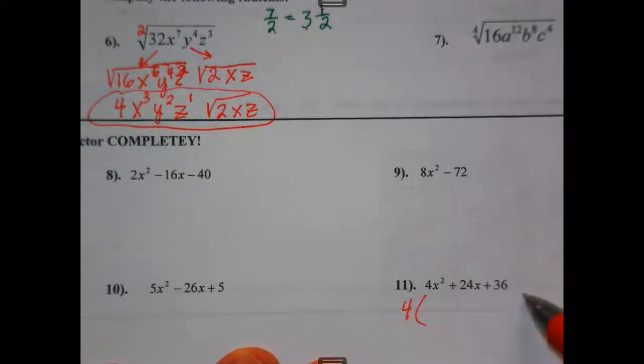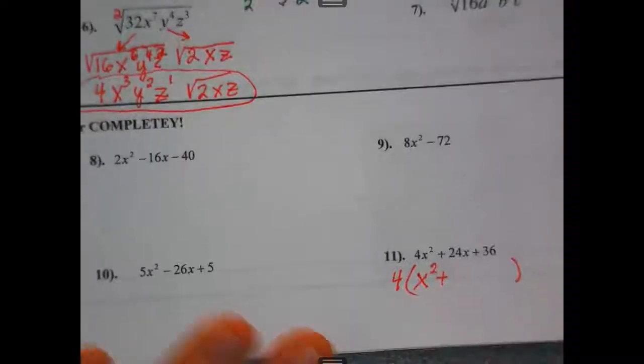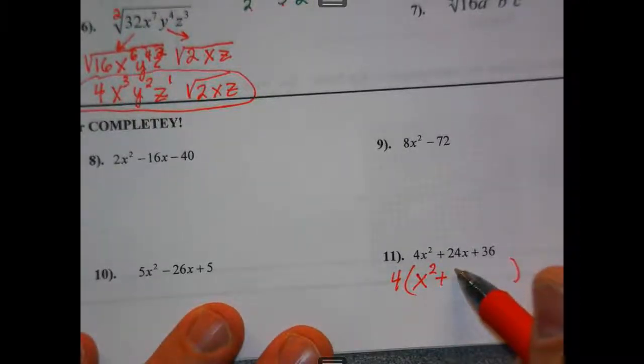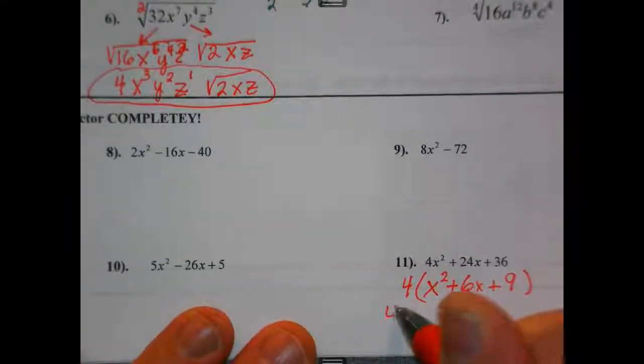What do I have left over? That's right, x squared. 24x divided by 4. Good, 6x. And 36 divided by 4. Wonderful, 9. Okay, now I have to factor what's left over.